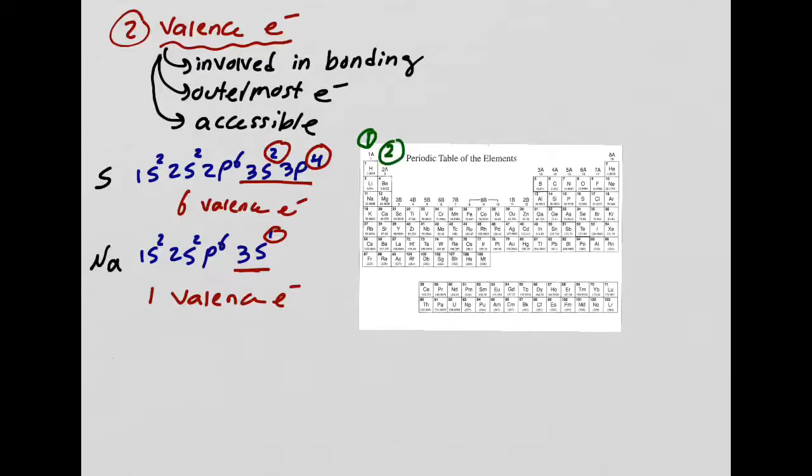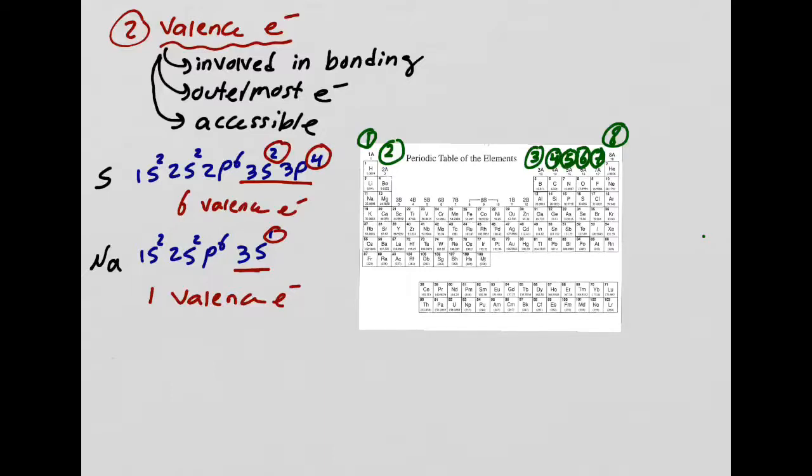Group 3A has 3. Group 4A has 4. Group 5A, yes, 5. And then 6 and 7 valence electrons. The last one, the noble gases, has 8 valence electrons. So you can figure out the number of valence electrons based on the group number.